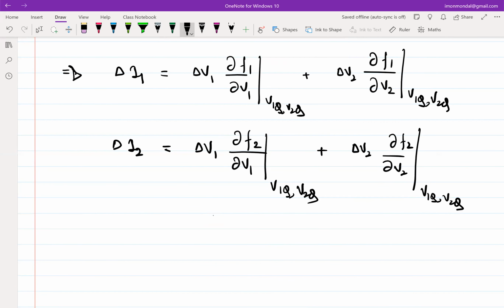So as it turns out, these are so commonly used that we refrain from expressing these terms in terms of their partial derivatives all the time. We just replace them with a smaller notation, and the notation is, what is the unit of these terms?